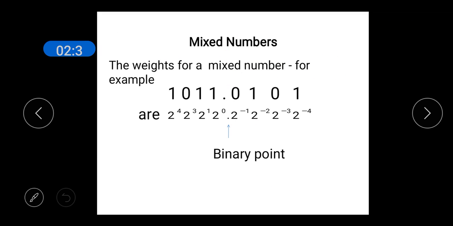Consider a mixed number 1011.0101. The weights of this binary number can be written as 2 power minus 4, 2 power minus 3, 2 power minus 2, 2 power minus 1, and to the left of the binary point you can write the weights as 2 power 0, 2 power 1, 2 power 2 and 2 power 3.